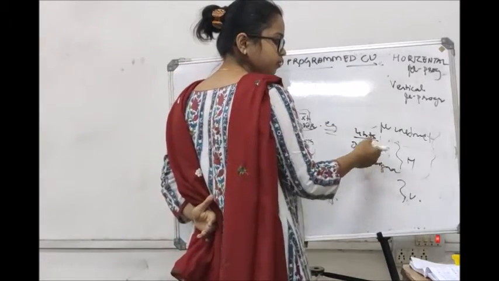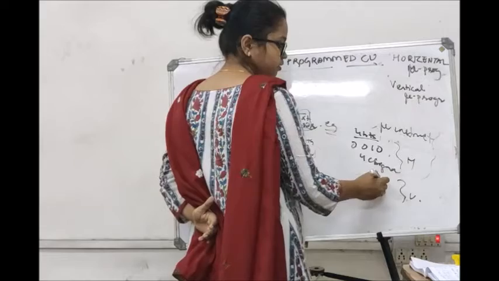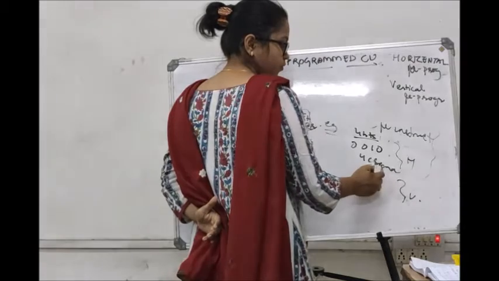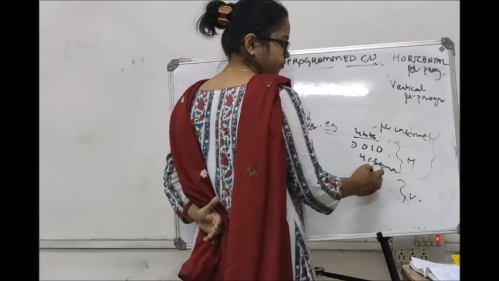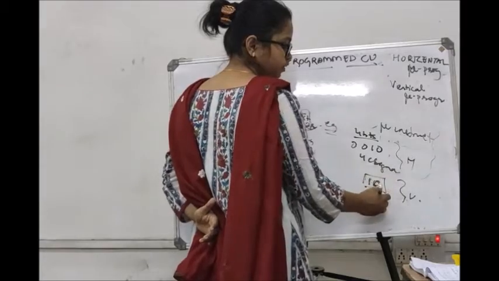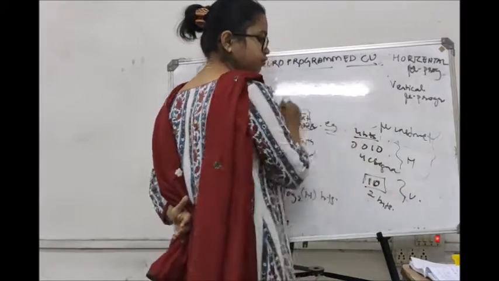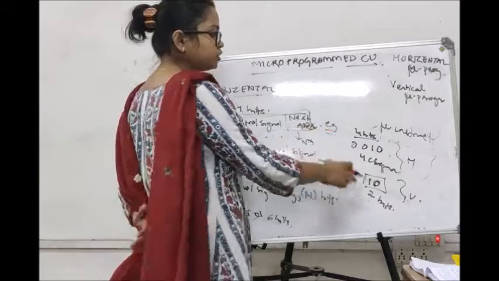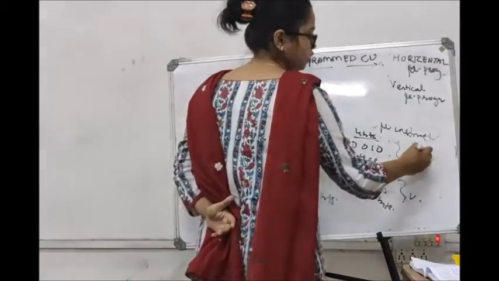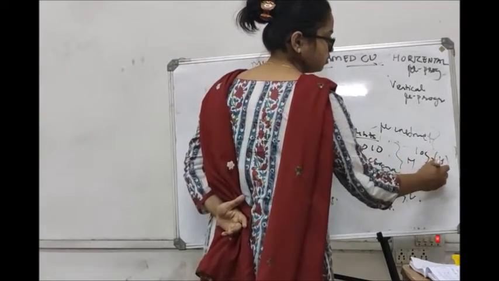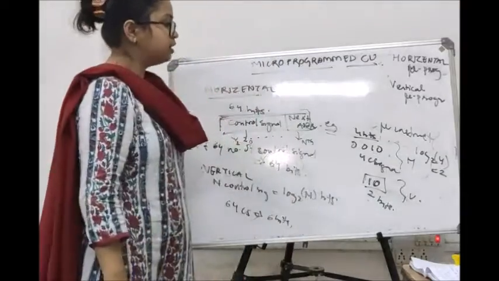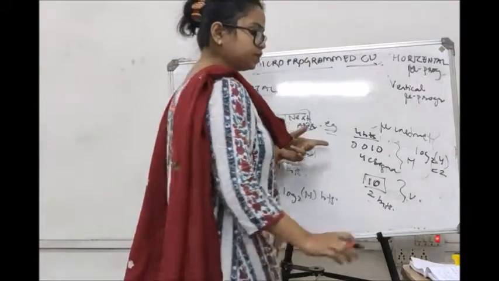So we can represent it as 0, 1, 0, so we need just 2 bits. Here we needed 4 bits, here we need 2 bits. And what is 2? Log base 2 of 4 is 2.